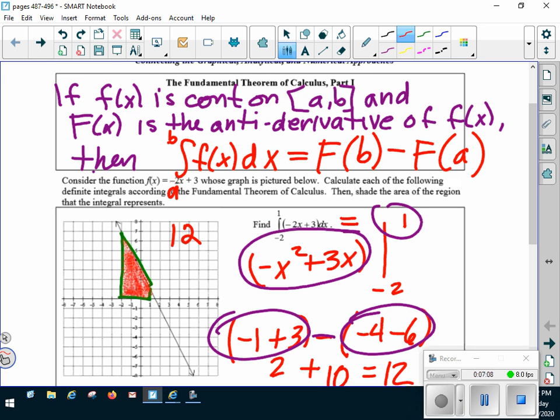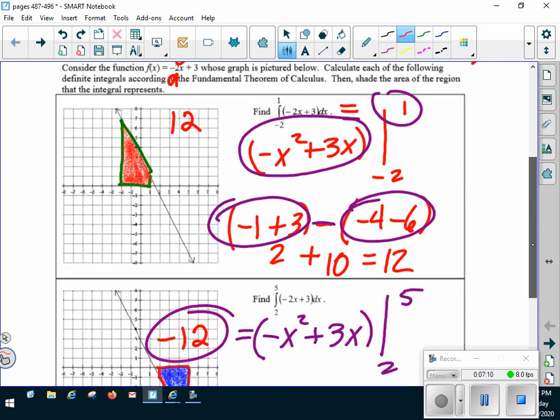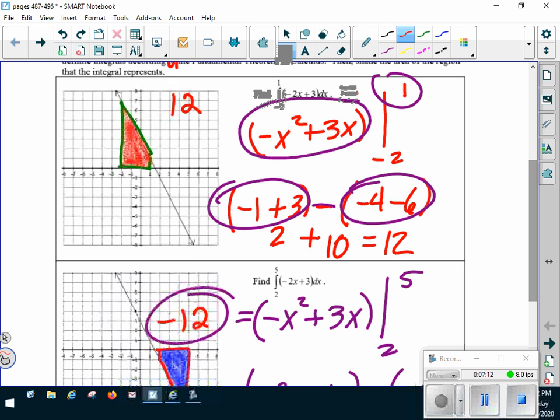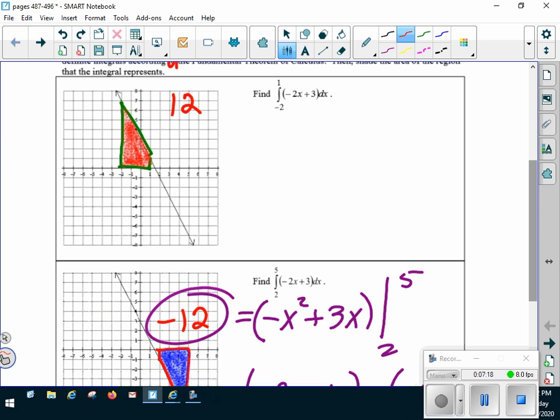Now, I want to show you where the plus c went, because students usually ask about that. You don't write anything down, just let me show you how this works. If I took the antiderivative of this thing, negative x squared plus 3x plus c, evaluated from negative 2 to 1.